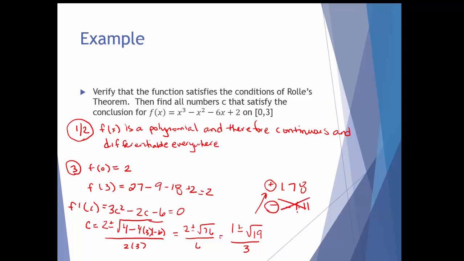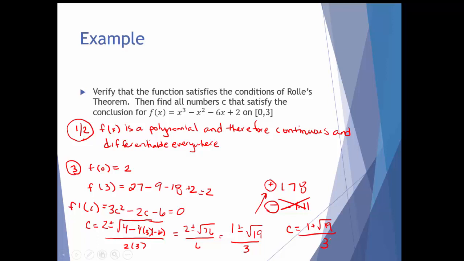So we actually don't want to consider this one. It's not that it's not a solution to that quadratic, it is, but the conclusion of Rolle's theorem talks about numbers in between 0 and 3. So that's the only one we want to use. So c equals (1 plus the square root of 19) over 3.